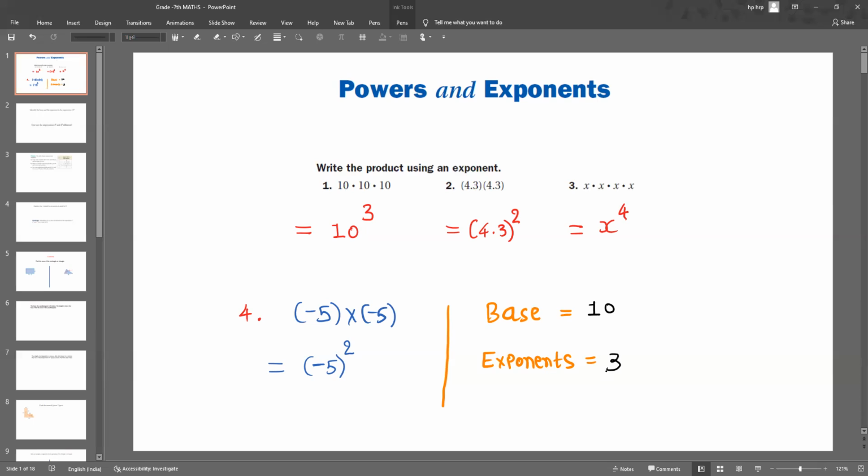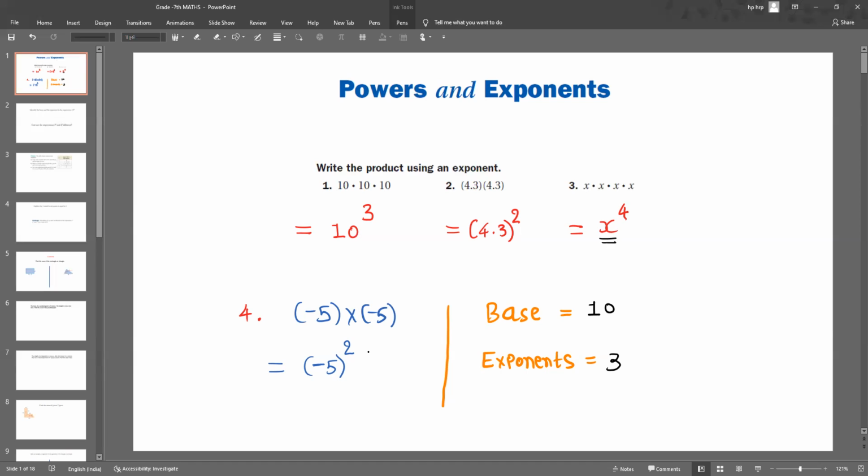Correct. Similarly, 4.3 squared: 4.3 is the base and 2 is the exponent. Same here, x raised to 4: x is the base and 4 is the exponent. And here also minus 5 squared: minus 5 is the base and the exponent is 2.